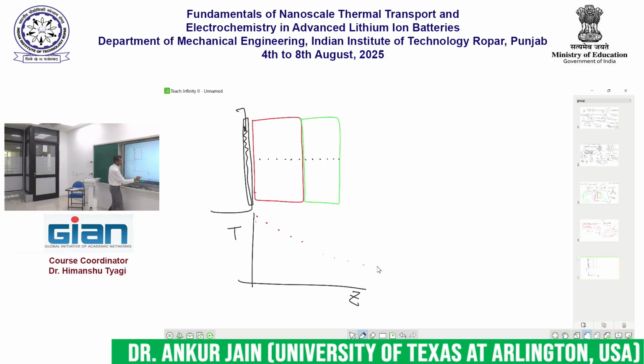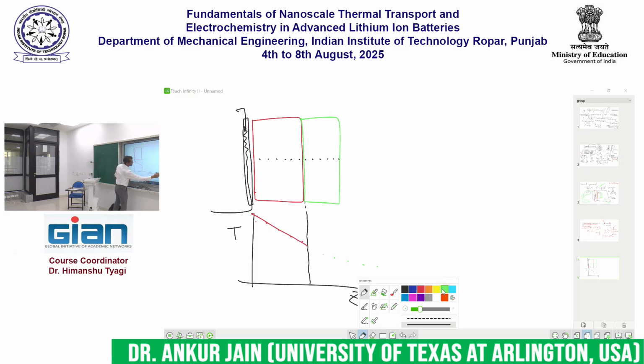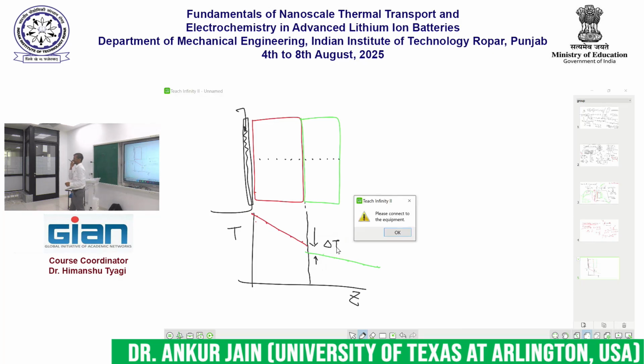More importantly, for our purposes, if this is where the intersection is, and if I was to extrapolate this data and that data as well, we will find that there is a small temperature difference at the interface.